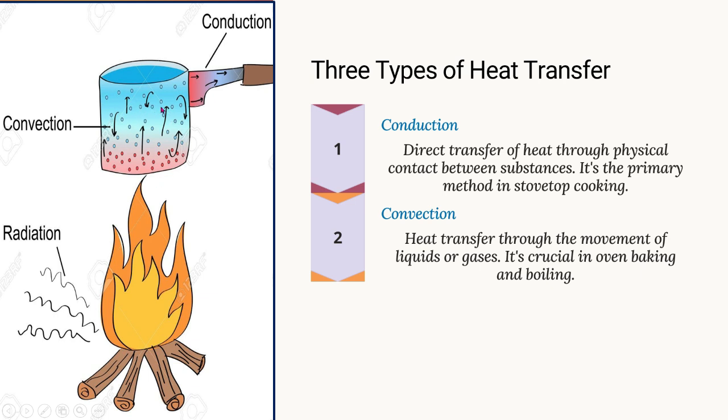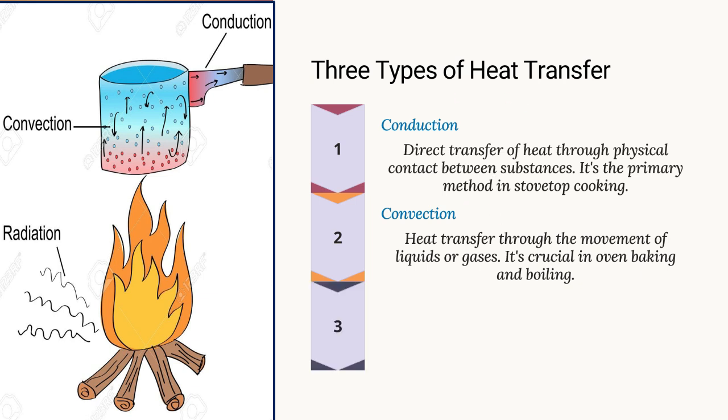So there is a current of flow. In this method, the heat transfers from one molecule to another, and the cold part and the hot part get interchanged. That is known as convection. So I repeat once again: heat transfer through the movement of liquids or gases. The same thing can happen inside the oven where the heated gas is moving, and that is known as the convection method.